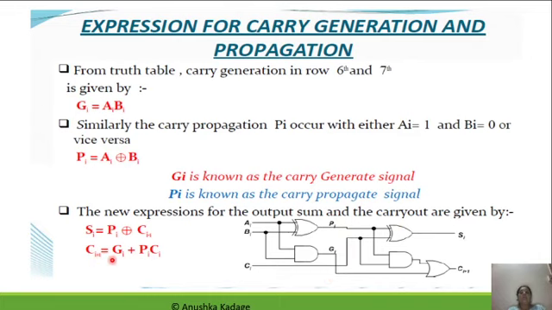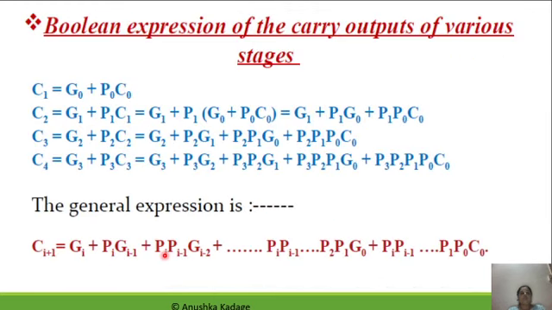Then for the next stage, the carry will be generated from the previous stage carry generate value OR the multiplication of the previous stage carry propagate and previous stage carry input value, which is indicated by this logical diagram. But this we have commented in general. Let's look at each individual bit place, how this carry generation and carry propagation is going to happen.